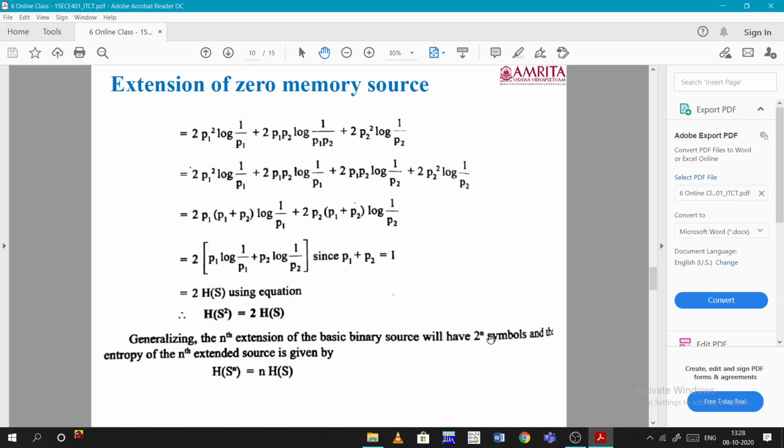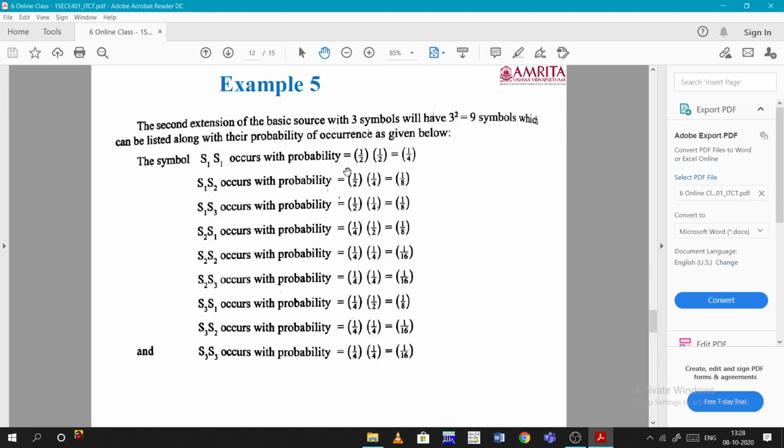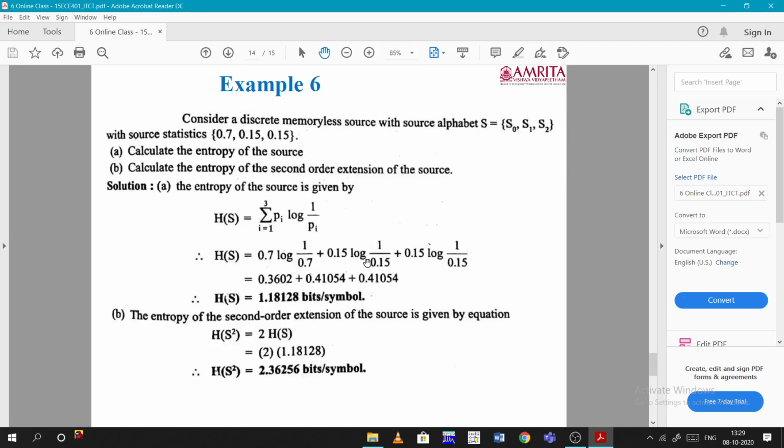For 3 symbols and we want the second extension, it will be 3 power n, like that. So here they asked for 3 symbols and the second extension, that is 3 square, 9 symbols, so we get 9 combinations, and each becomes a new symbol with a new probability, and we do the entropy and so on. And this formula won't change, that is n into H(S) is proved. The same thing. Thank you.